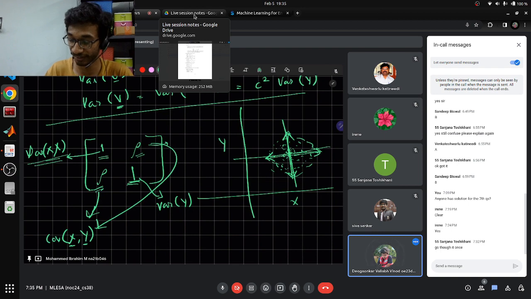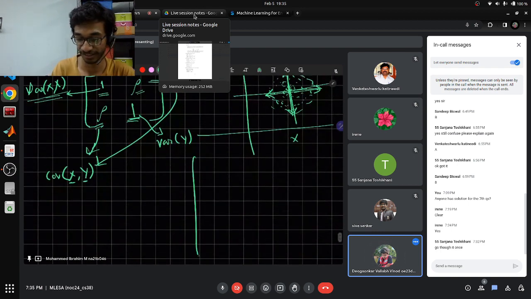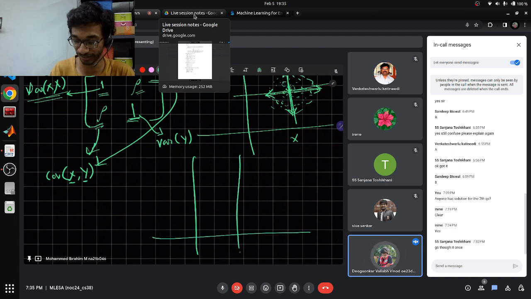If this distribution has some positive covariance, the distribution will look something like this. I will first put some points on the mean, but the distribution is going to be something like that.